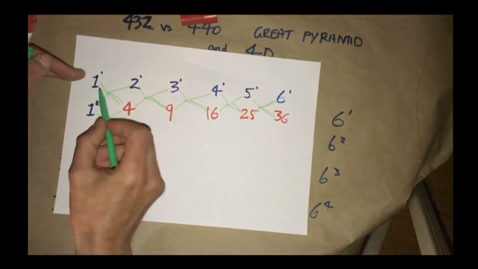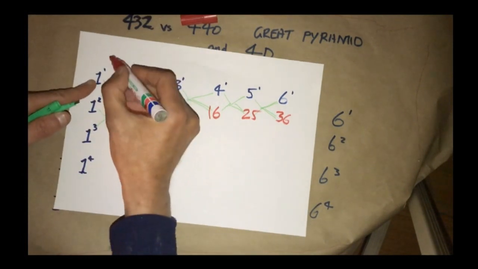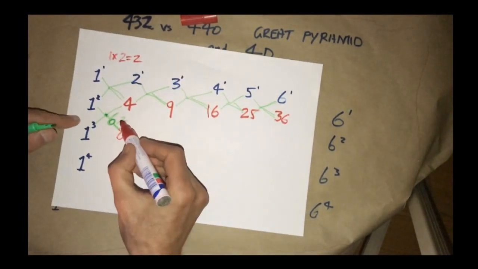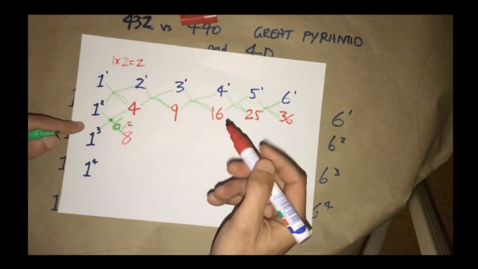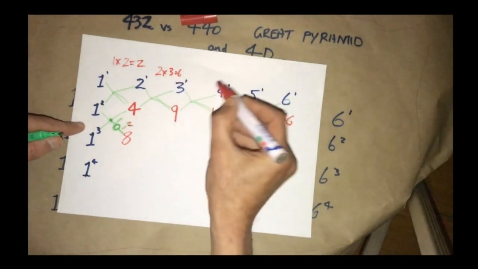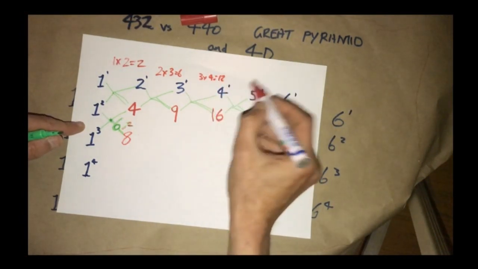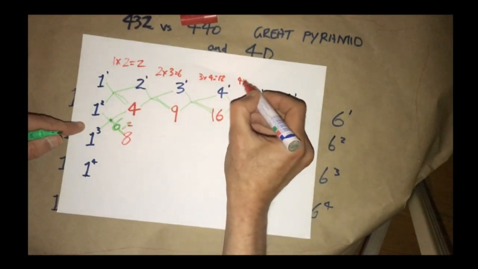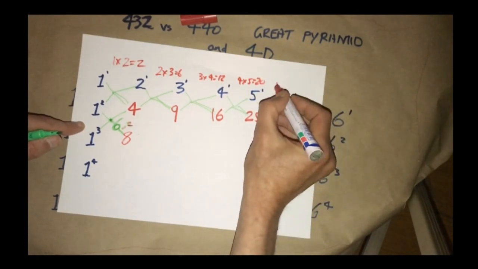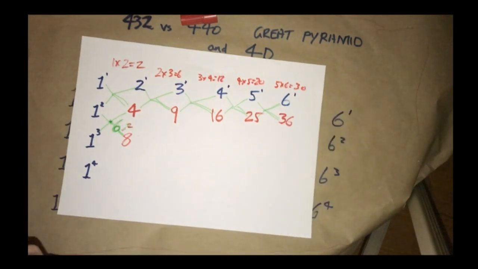Now here's the interesting thing, at least from my mind, 1 times 2 equals 2. So that would give us that missing piece. So what if we do, the next one will be 2 times 3 equals 6, 3 times 4 equals 12, 4 times 5 equals 20, and 5 times 6 equals 30. So will that provide the keys?